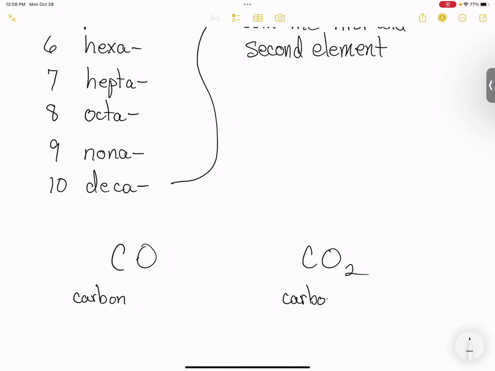The fact that there is only 1 carbon means that we do not need a prefix for the first element. But you will always need a prefix on the second element. In this first one, there is only 1 oxygen, so that's why we use the prefix mono, and it's monoxide.